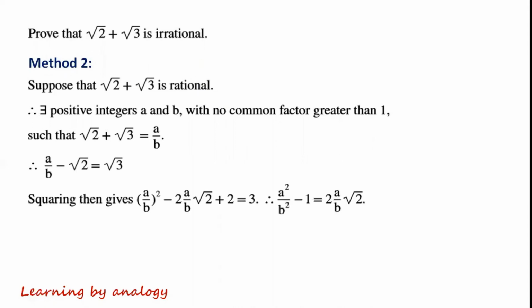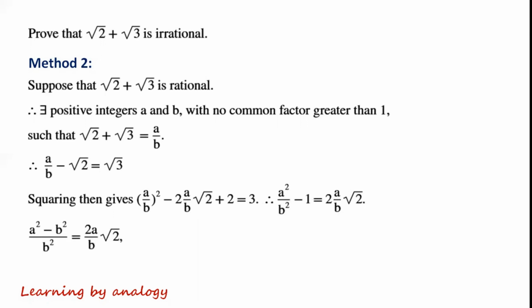By squaring both sides of the equation, we have a over b, all squared, minus 2 times a over b times root 2 plus 2 equals 3. So a squared over b squared minus 1 equals 2 times a over b times root 2.